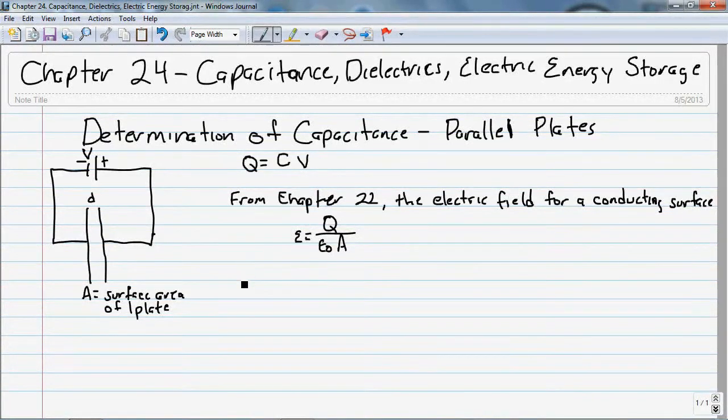And now let's look at what is the potential across the plates. Well, if I have a point B on this side and a point A on the other side, I got my letters backwards here.